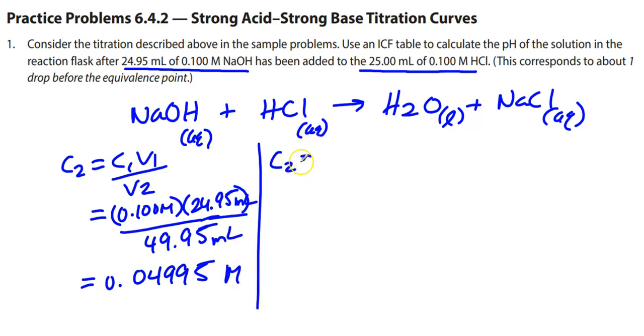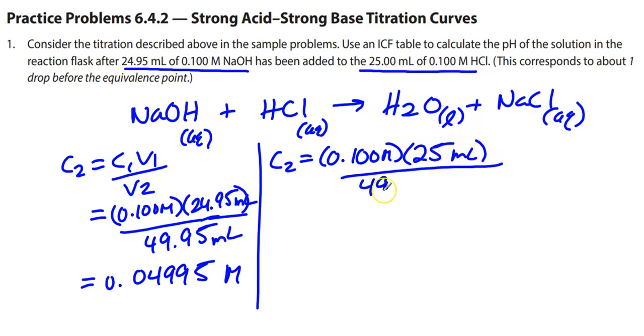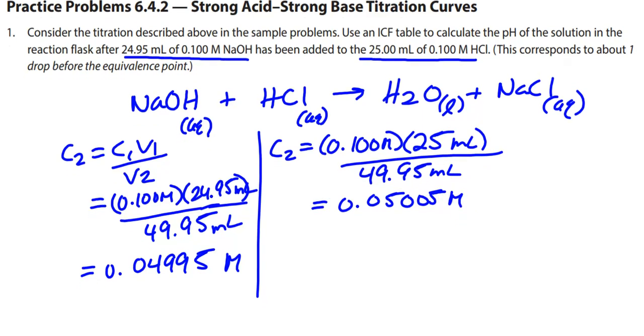So we're going to do the exact same thing with our acid. So this is 0.100 times 25 mL over 49.95 mL, 0.05005 moles per liter.